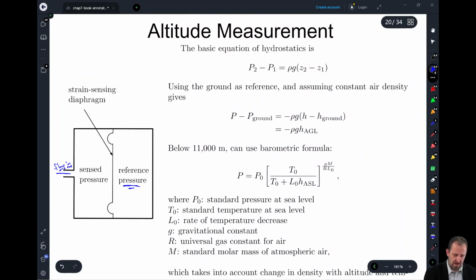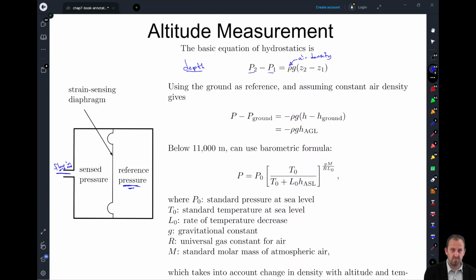So from hydrostatics, we can look at depth, and we can say that pressure 2 minus pressure 1 is equal to rho g times Z2 minus Z1, where rho is going to be our air density, which we are going to assume is constant for the altitudes that the aircraft is going over, and this is below 11,000 meters.